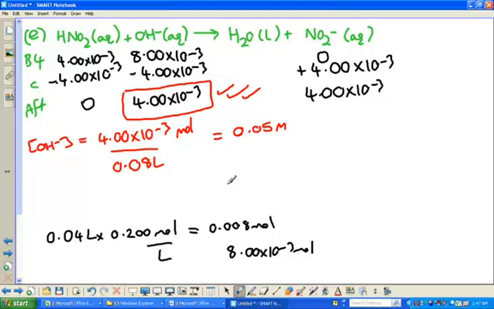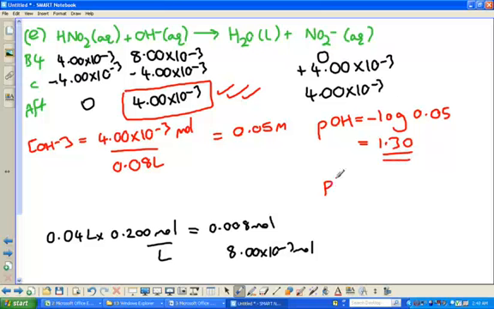Now, to get to the pH, there's two different ways we can do it. We can calculate the H3O plus, or we can calculate the pOH and get the pH from that. I'm just going to calculate the pOH. The pOH, of course, is the negative log of the OH minus. So in this case, that is negative log of 0.05, which is 1.30.